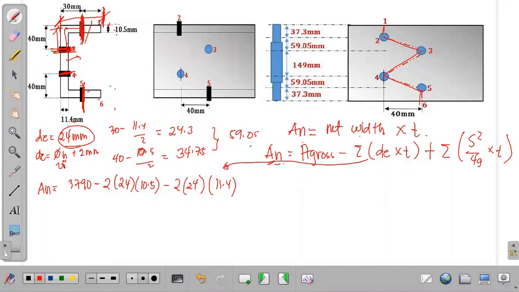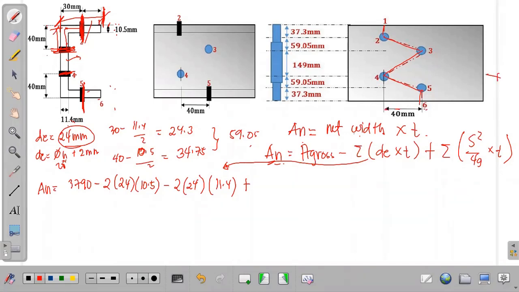Equivalent niya. Okay? Ang problema na lang natin is yung sa may staggered. Yung S squared over 4G. So, i-add natin. Okay. So, unahin natin itong S. Ito, S. Di ba? Ito yung S natin.